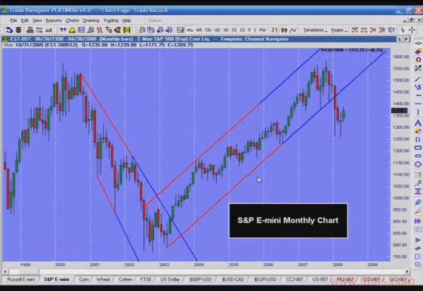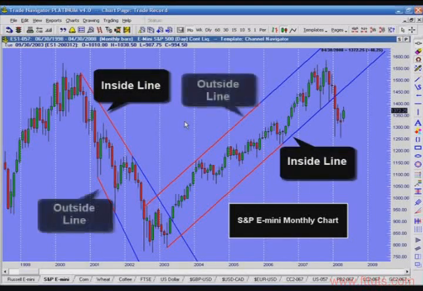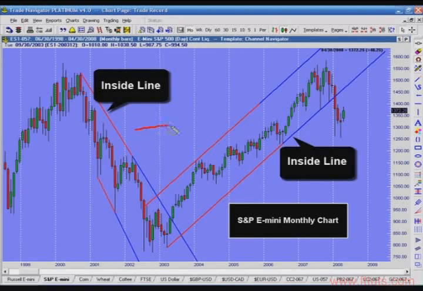In the case of a trending situation, we have another term that we use quite frequently. And there's a reason for it, as you'll understand later. That is what we refer to as the inside line and the outside line. Now, what does that mean? The inside line is the line that's closest to future data.